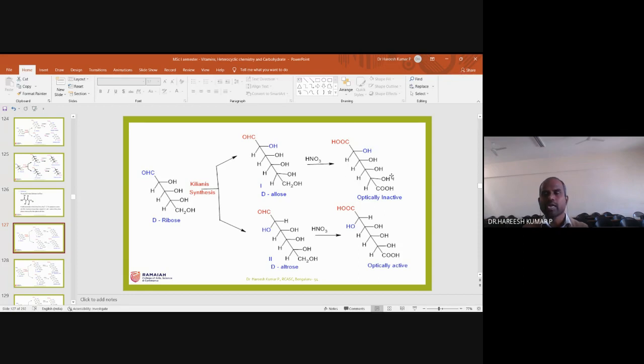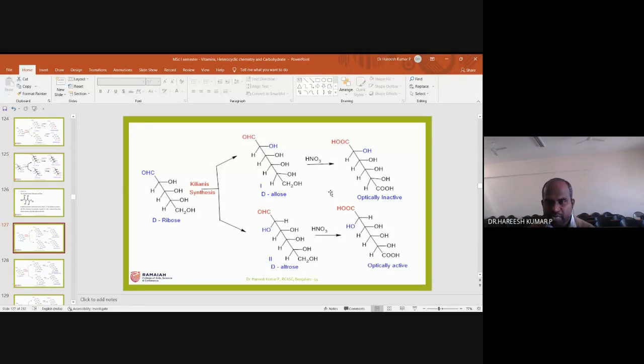One is an optically inactive carboxylic acid, another one is an optically active carboxylic acid. Why is it optically inactive? Because of the presence of a plane of symmetry.